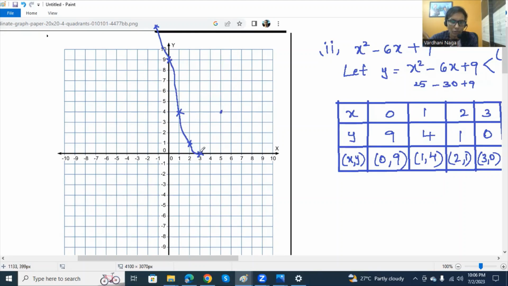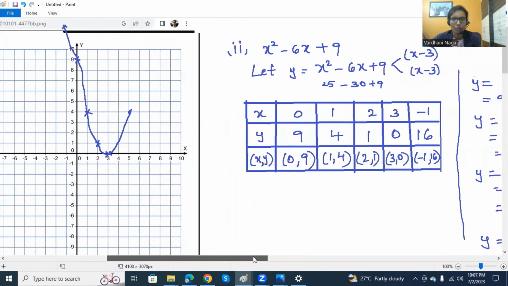So your curve is going to be like this. The curve is touching the x-axis at only one point, that is 3 comma 0. So it is having only one zero, which is 3. So you need to write the solution.